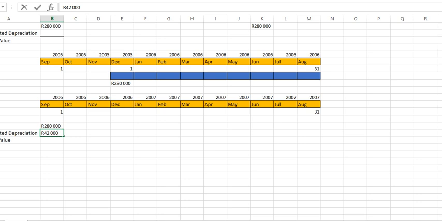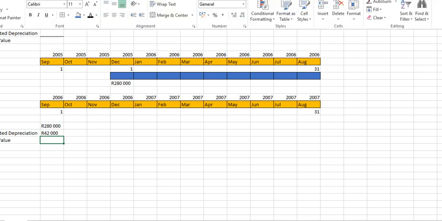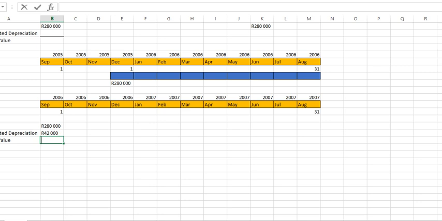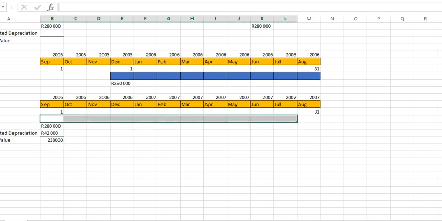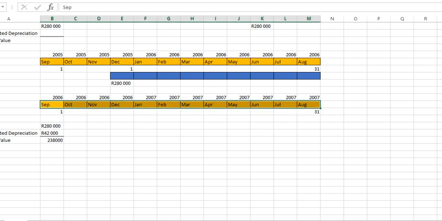So that's the depreciation from the previous year. So carrying value at the beginning of the financial year is then going to be 238,000 Rand. And on that we then need to depreciate for the full 12 out of 12 months, because we held this vehicle for 12 out of 12 months.